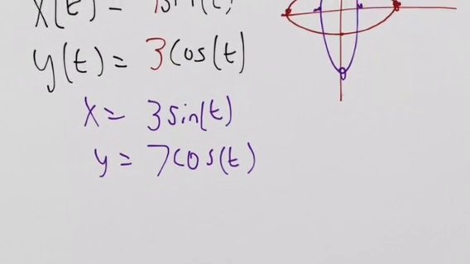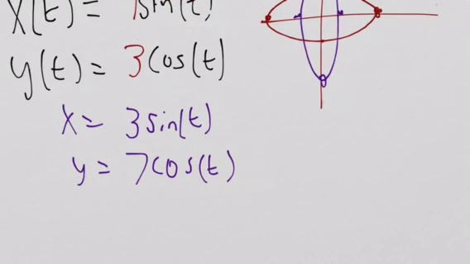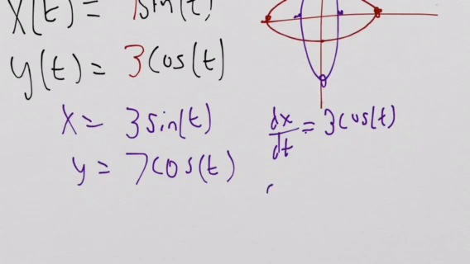So to determine dy dx, we have to determine dx dt and dy dt first. So dx dt, the derivative of sine is cosine, so we have 3 cosine. dy dt, the derivative of cosine is negative sine, so this is -7 sine.